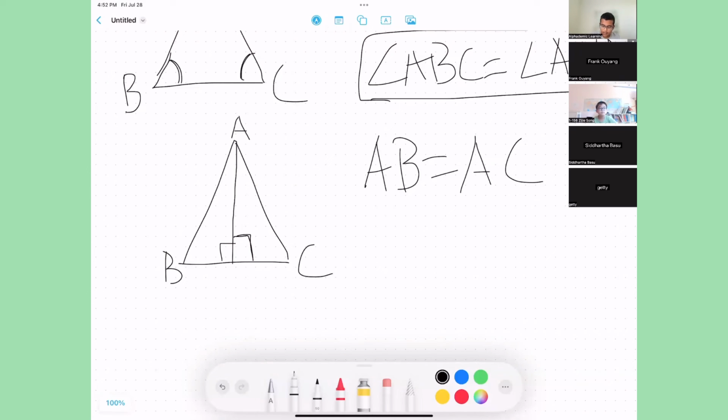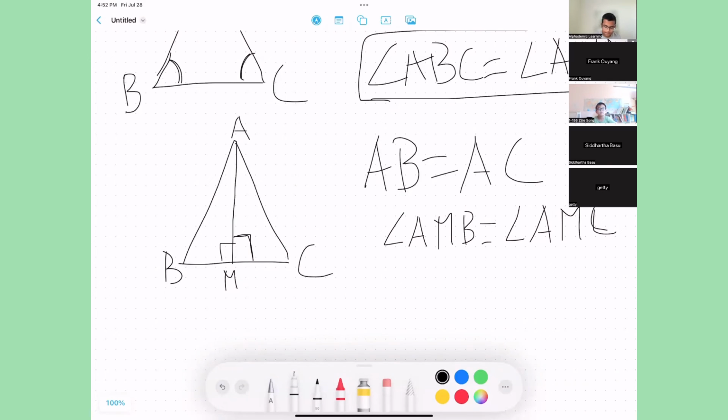So let's say this is M, right? Angle AMB and angle AMC are right angles. Since you're already given this is right, these two are obviously equal to each other.